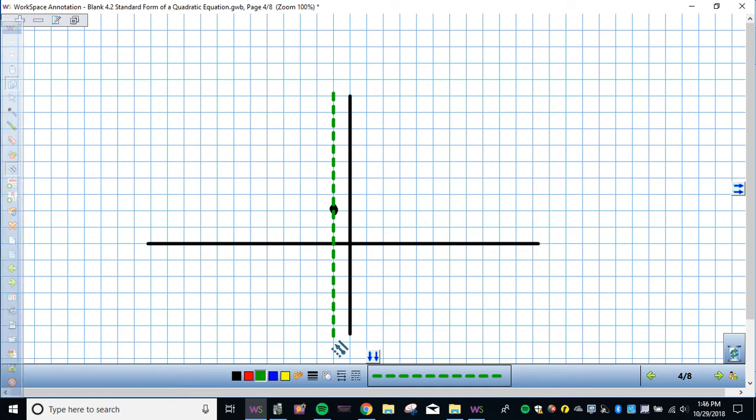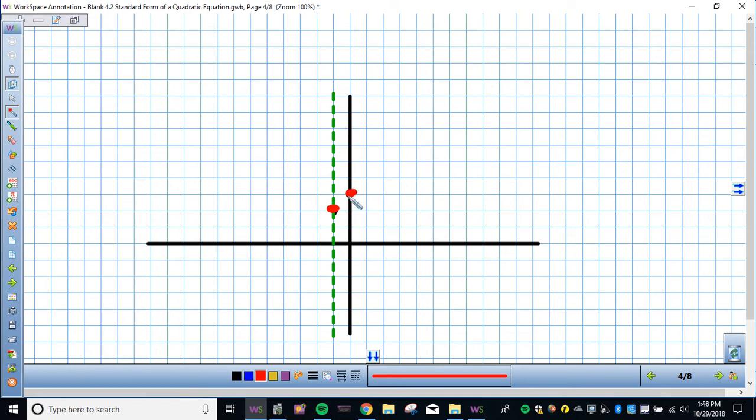Now, wherever my y-intercept is, does anyone remember what it was? Y-intercept, what's C? C is 3, so I have an ordered pair at 0, 3. Right, so here's my vertex, there's my y-intercept.